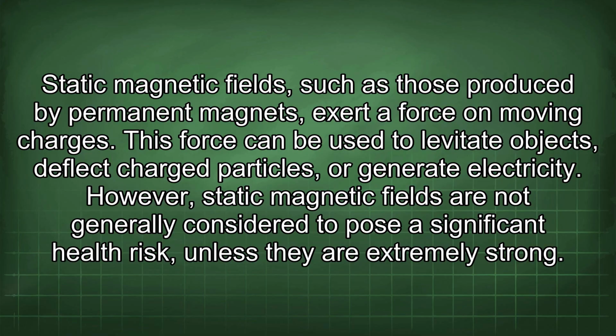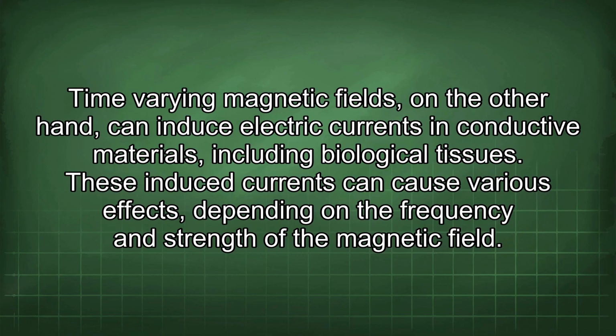However, static magnetic fields are not generally considered to pose a significant health risk unless they are extremely strong. Time-varying magnetic fields, on the other hand, can induce electric currents in conductive materials, including biological tissues. These induced currents can cause various effects depending on the frequency and strength of the magnetic field.